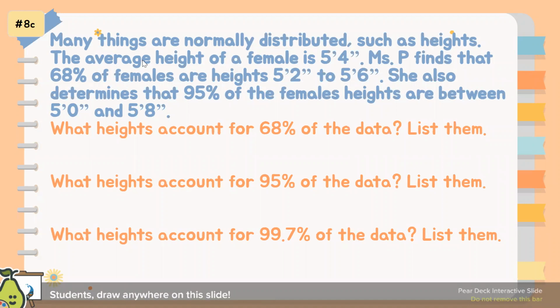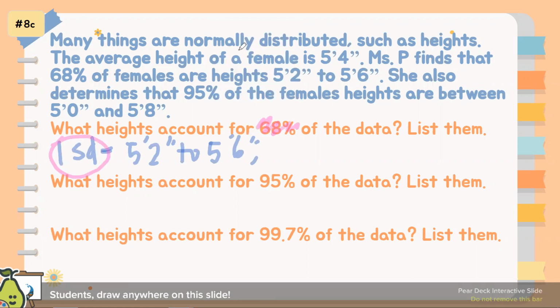So tying this all into the empirical rule, notice that within 1 standard deviation of the mean was 5'2" to 5'6", and that is 68% of the data. So 68% of the data is within 1 standard deviation of the mean.